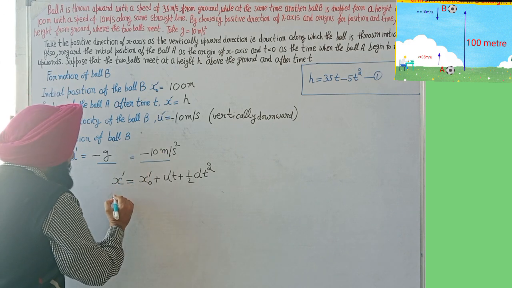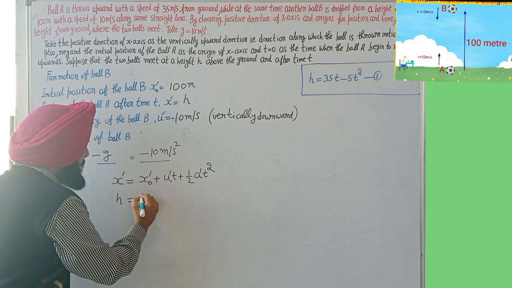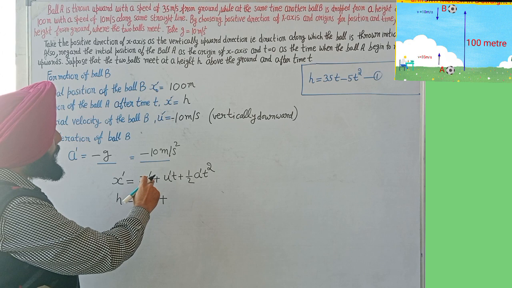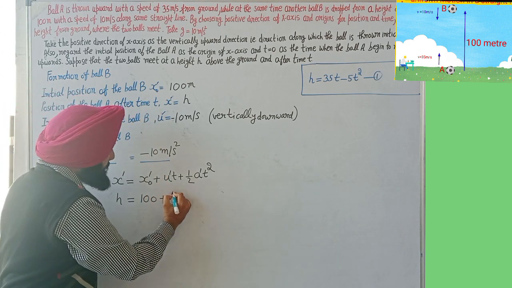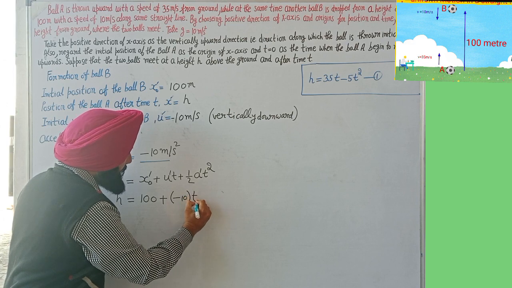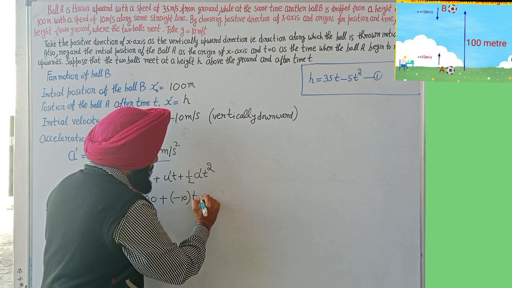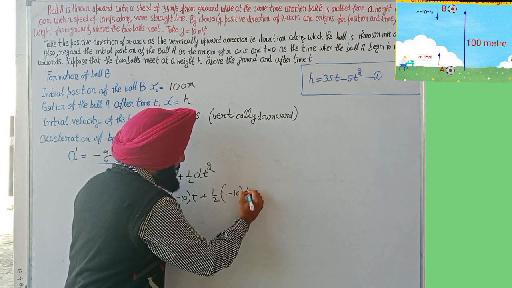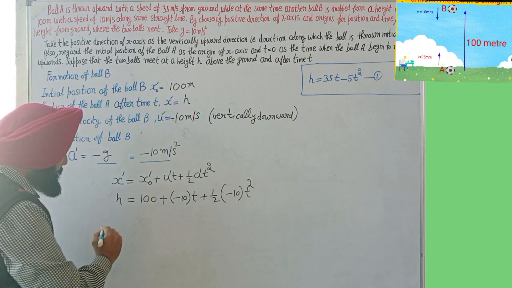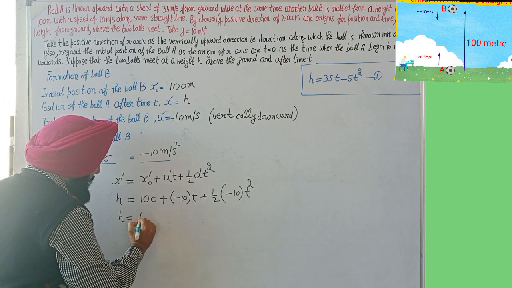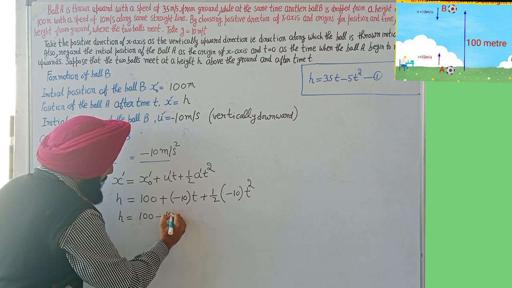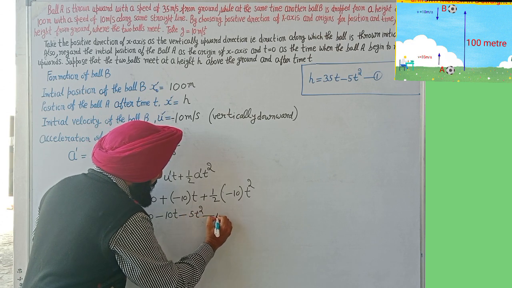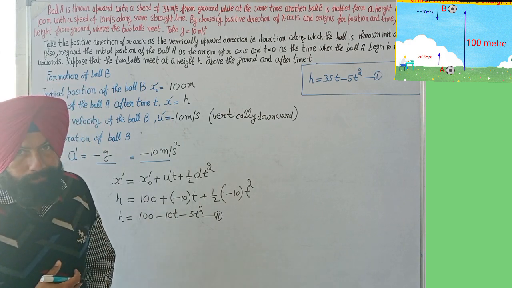Now x dash is h, x naught is 100, initial velocity of the ball B is negative 10, t is the time, and plus half acceleration, again negative 10, and t square. So this becomes h equal to 100 minus 10t minus 5t square. Equation 2 I have considered.